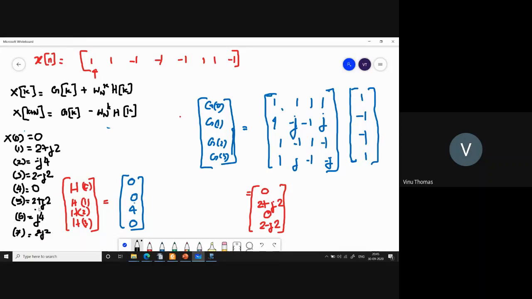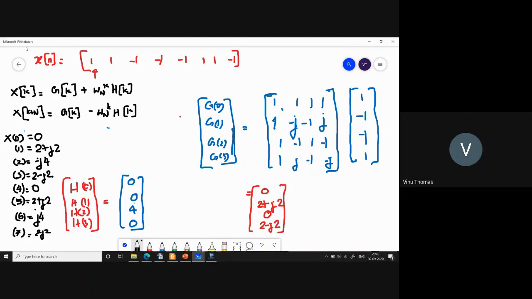So initially, at least, I require you to compute all the values numerically. So I request you to do this as homework at home. Practice until you can complete this kind of question in 15 minutes.